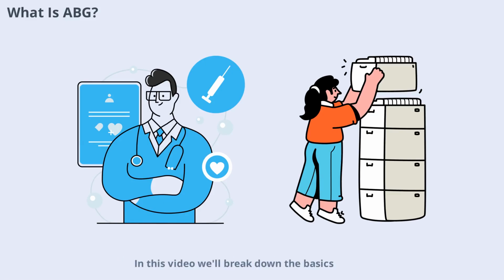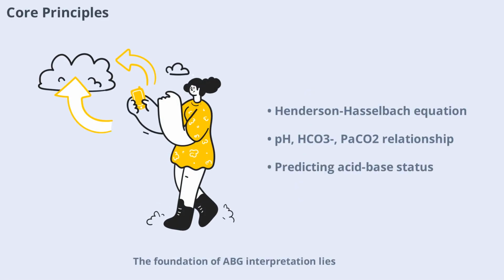In this video, we'll break down the basics, walk through the main disorders, and show you how to approach ABG results step by step. The foundation of ABG interpretation lies in understanding the relationship between pH, bicarbonate (HCO3), and carbon dioxide (PaCO2). This relationship is mathematically described by the Henderson-Hasselbalch equation.